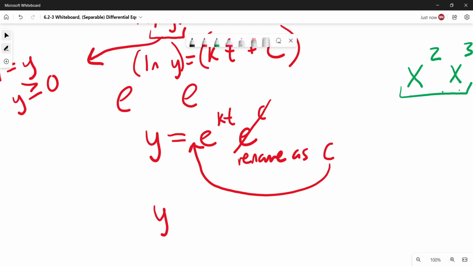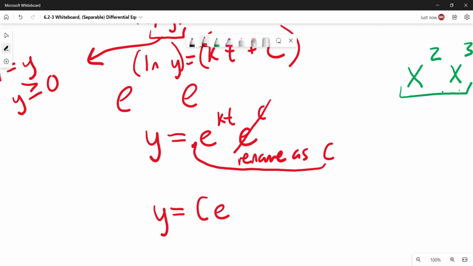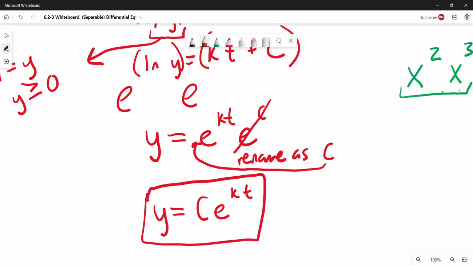So this is going to be y equals c times e to the kt. Sometimes people use different variables, but c e to the power of kt.